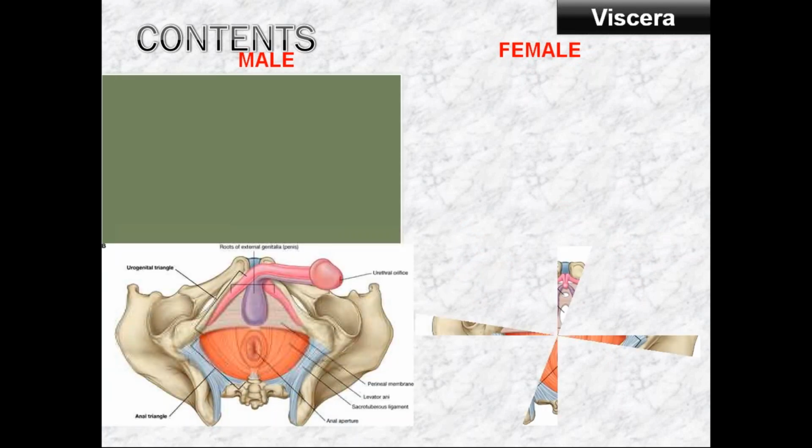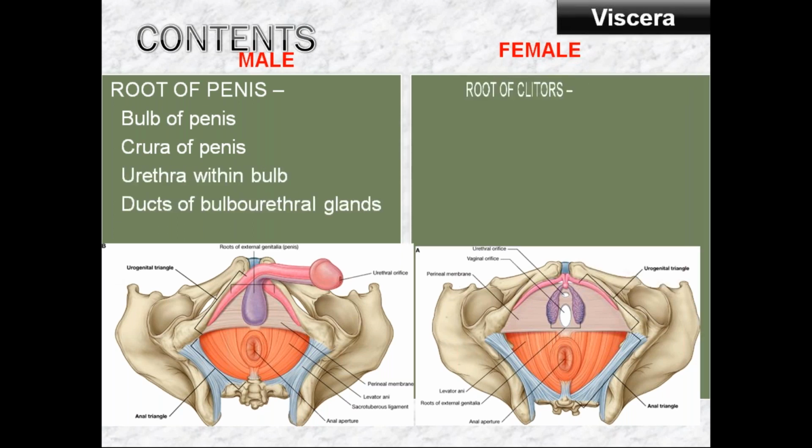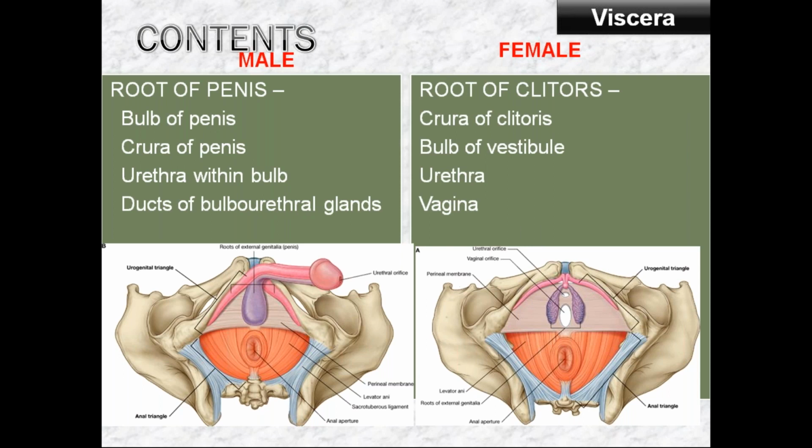Contents of superficial perineal pouch, male and female. So this diagram is copied from Gray's student. Here you can see in this picture. So contents of male superficial perineal pouch. So similar diagram: inferior view of the perineum male, inferior view of the perineum female.